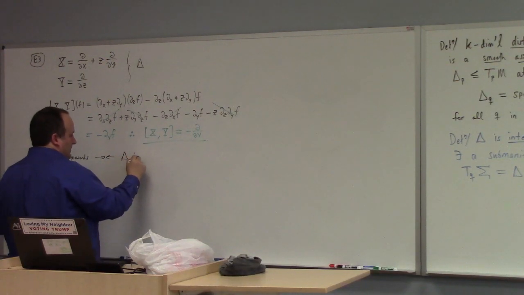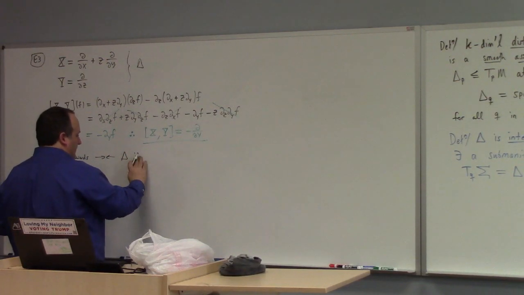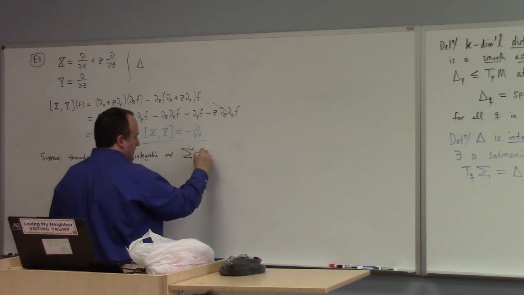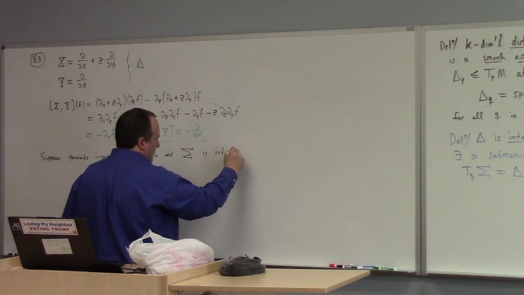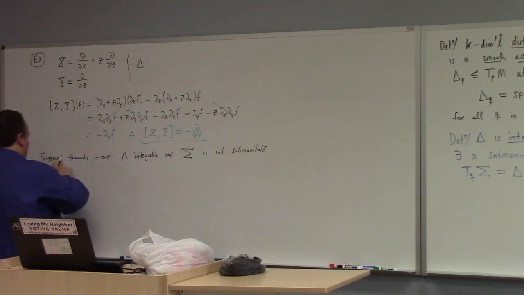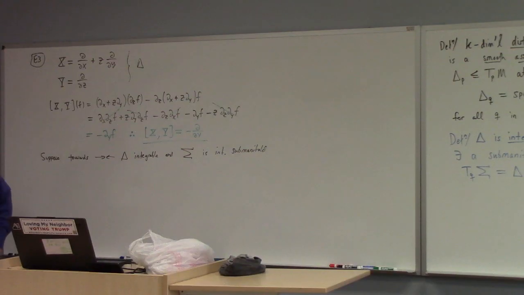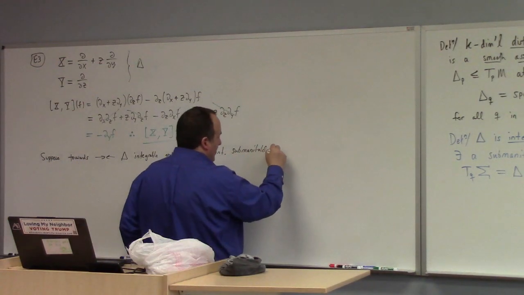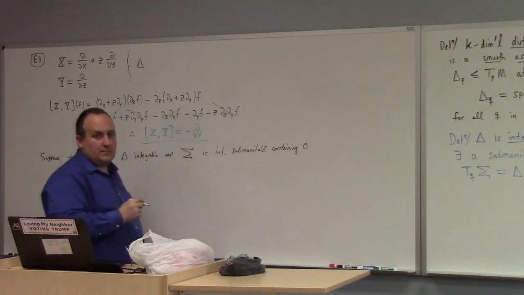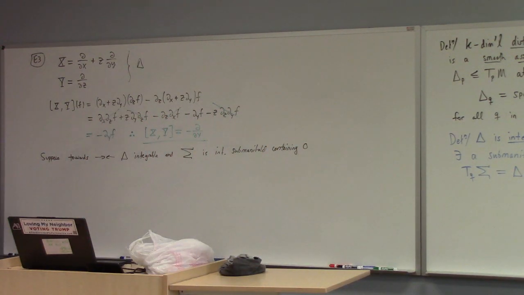Delta is integrable, and sigma is an integral submanifold through the origin. This is the specific one through the origin, so containing 0.